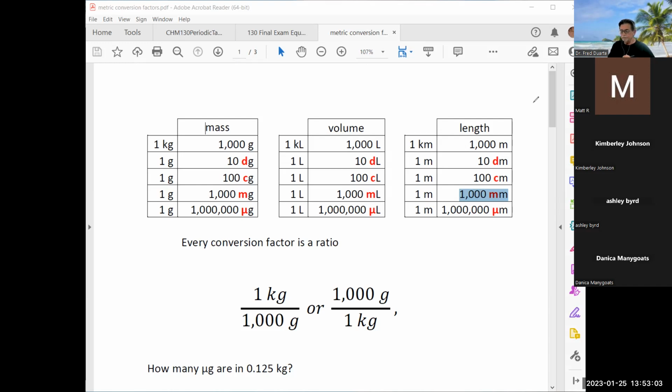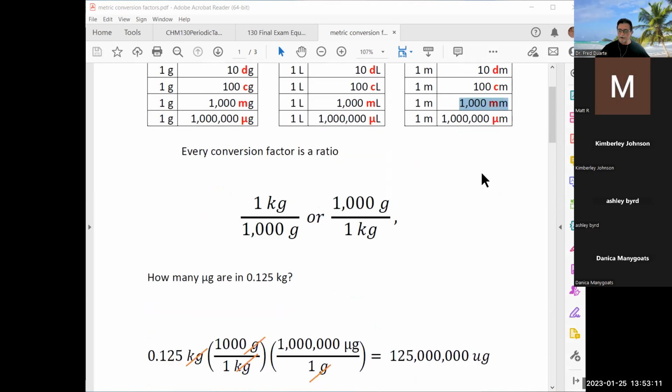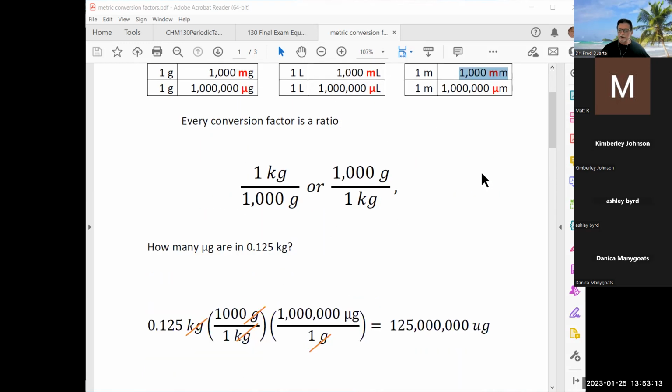But do use the units to look at the problem and figure it out, because you may be asked a question as follows: how many micrograms are in 0.125 kilograms? Okay, and so this is what I'm given. I wrote that down. I'm looking for units of micrograms, so that is my final answer, unit-wise, and I set that up.